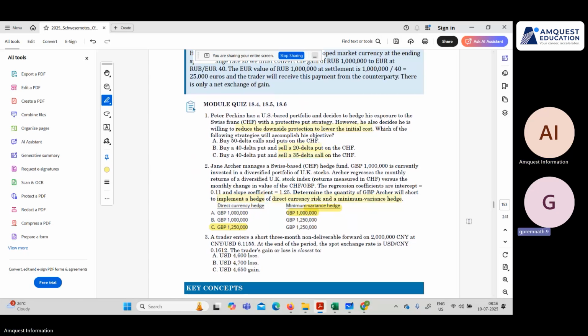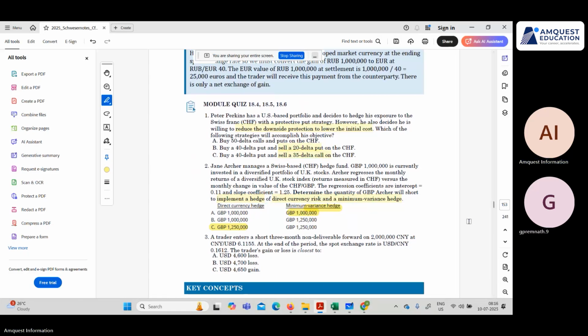Mathematically, I got it, but I don't know if it's a loss or a gain. I got a number that's closer to 4650 gain. But it could also be a 4600 loss.